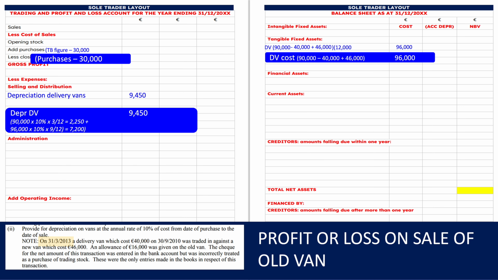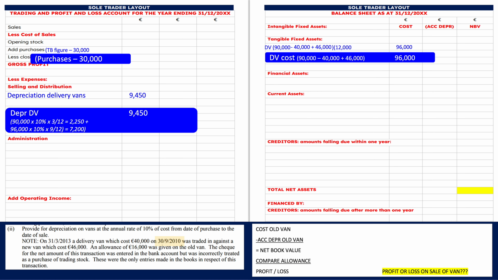Then we'll work out profit or loss on sale of old van. Okay, so the cost of the old van was 40,000. We bought it on the 30th of the 9th, 2010, and we sold it on the 31st of the 3rd, 2013. So cost of old van, 40,000. We had it for 3 months of 2010, the whole year for 2011, the whole year for 2012, and then 3 months of 2013.